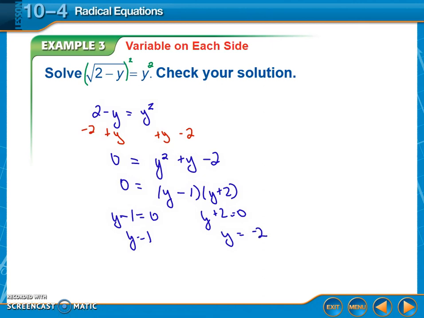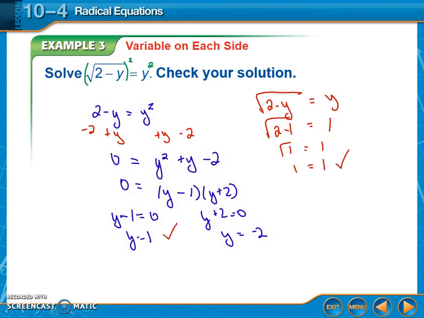Now, the tricky thing is we have to check both of these and make sure they work. If I go back to my original equation, the square root of 2 minus y equals y, it has to be true. If I put in positive 1, is the square root of 2 minus 1 equal to 1? I get the square root of 1 equals 1, and the square root of 1 is 1, so that's true.